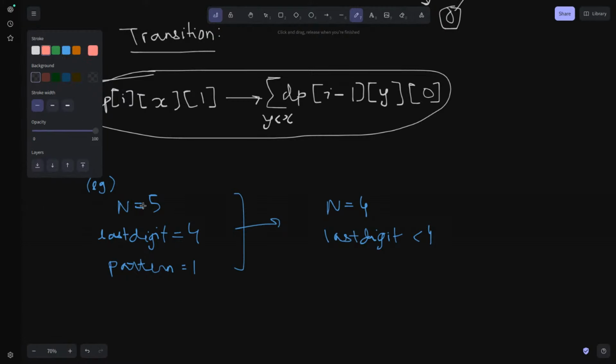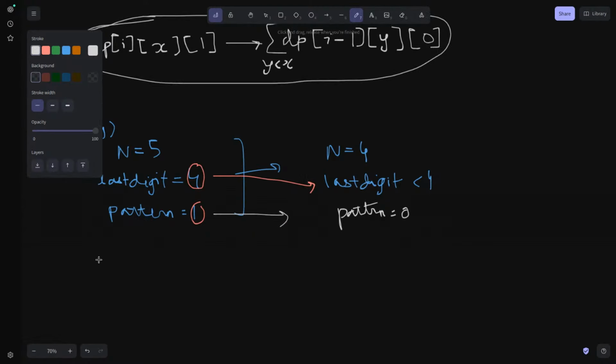So here, if my last digit was 4 and my pattern is increasing, that means the previous value was less than 4. And here the pattern should be decreasing, because it should be a zigzag pattern, so the pattern will be opposite. In other words, there are 5 elements here: 1, 2, 3, 4, 5. The last digit is 4, and this value is smaller than 4.